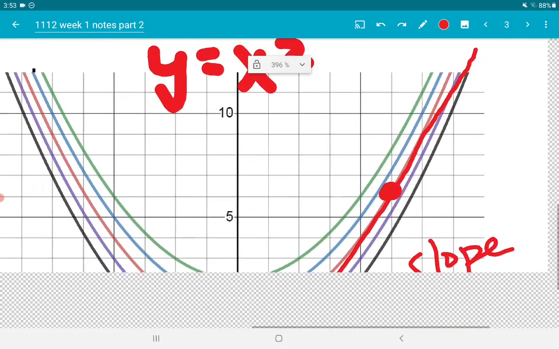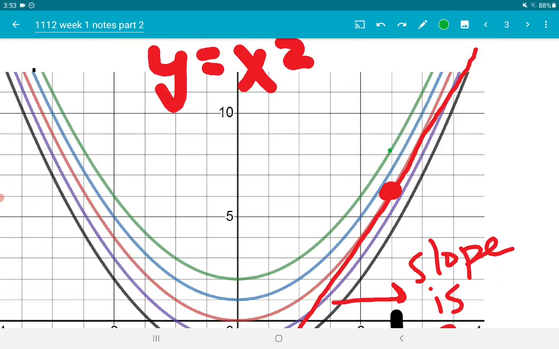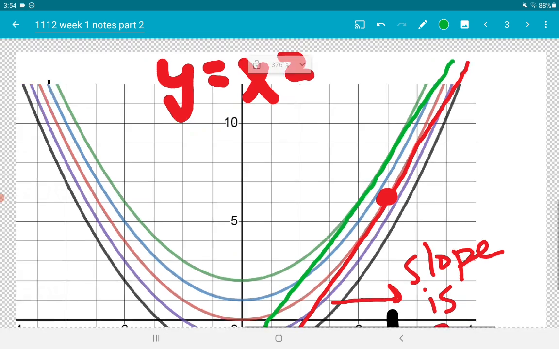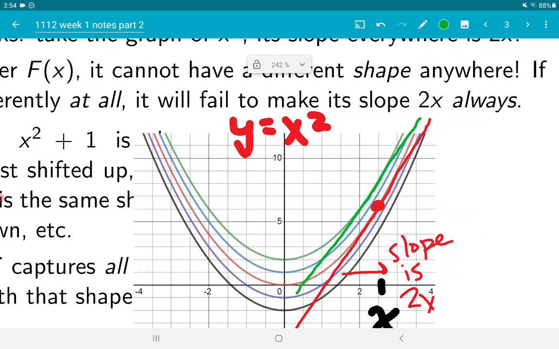Right? If I zoom in on a corresponding point over here on the green curve at the same x-coordinate, it has the exact same slope of a tangent line. That green line is parallel to that red line. And so it has the same property that the slope is double its x-coordinate.